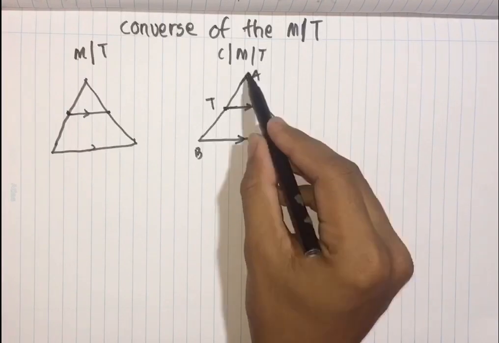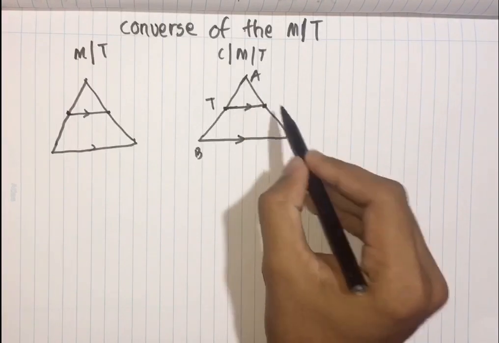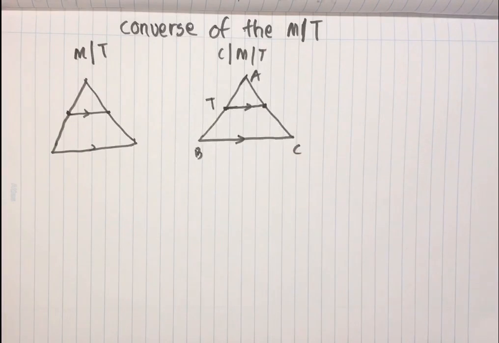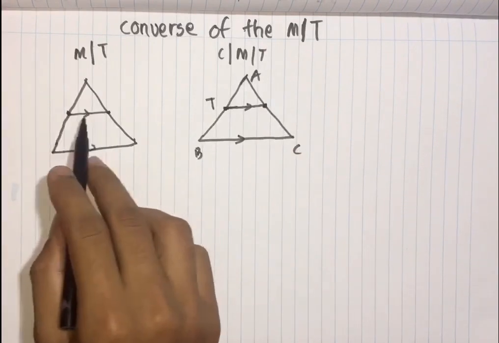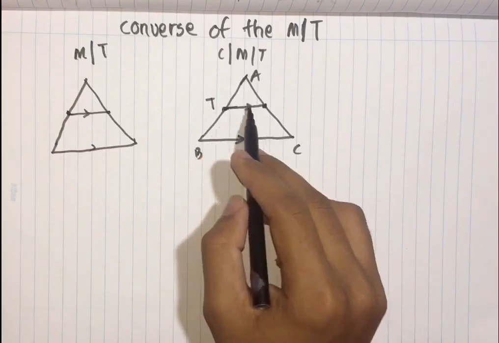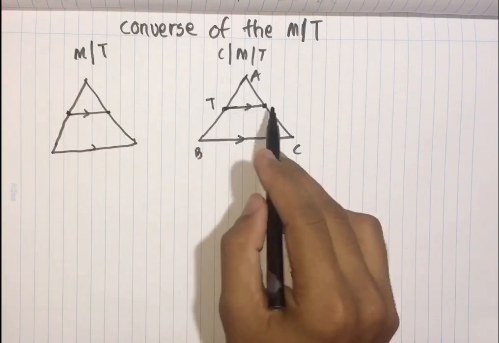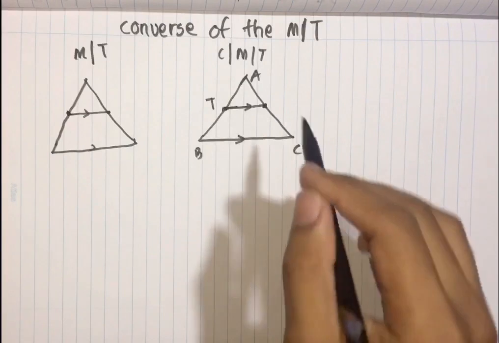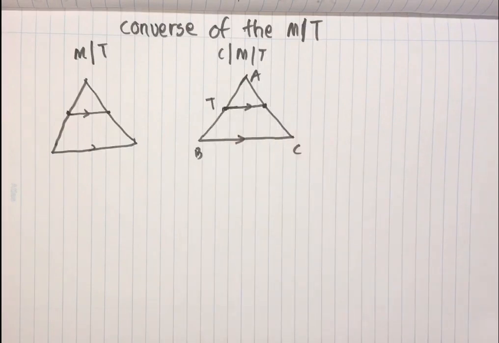That means it is exactly going to meet the other side at the center. Here you join both the midpoints and say they are parallel. Here you join one midpoint and draw a parallel line, and then finally you say it meets the third side at the midpoint. Is that clear? Yeah, this is the converse.